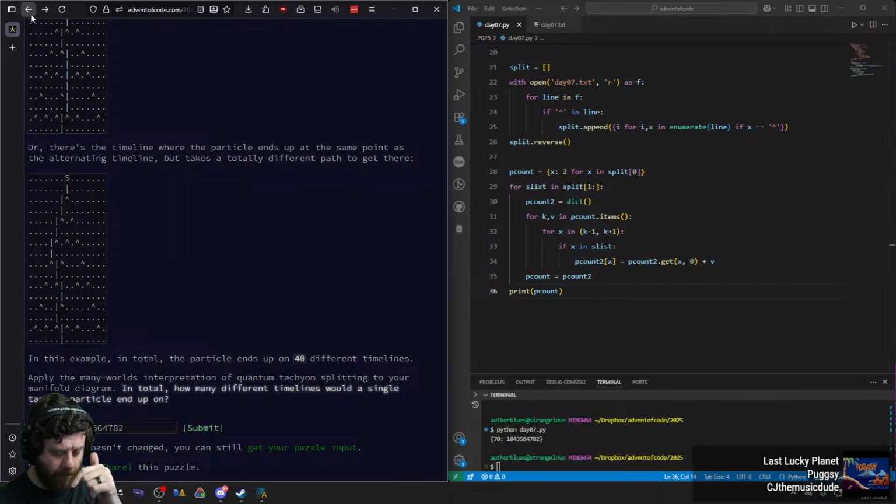Every splitter at the bottom level has a left and a right, so there's two paths here.